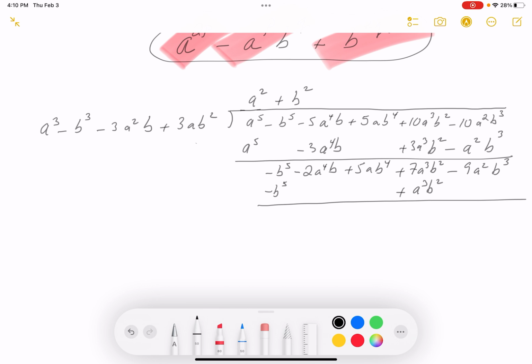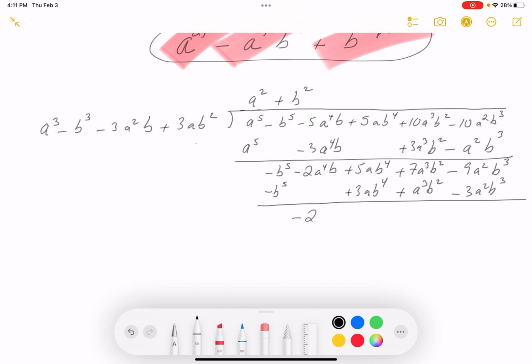And then what do you get? You're going to get minus 3a squared b cubed. I'm sorry, b cubed. What's the next one going to be? Plus 3ab to the fourth. I've got to subtract now. And what are you going to get?